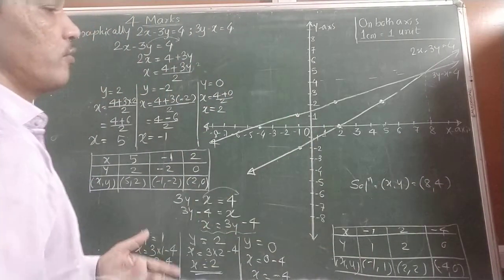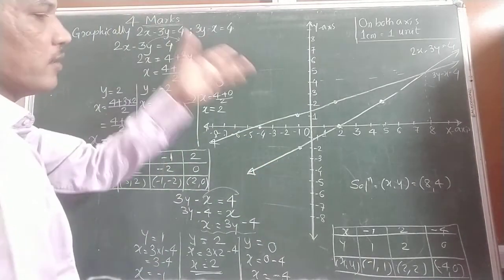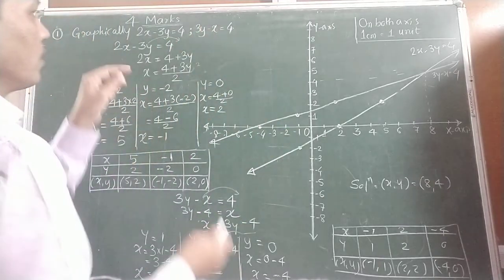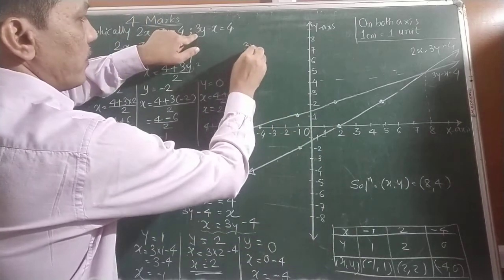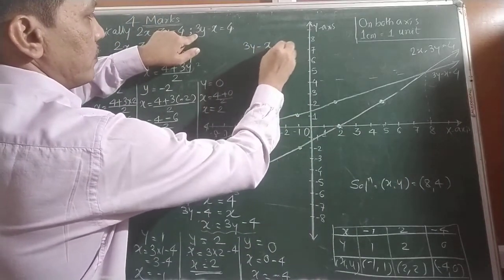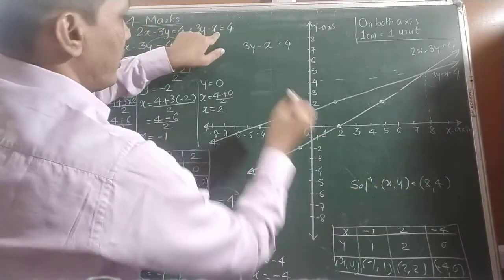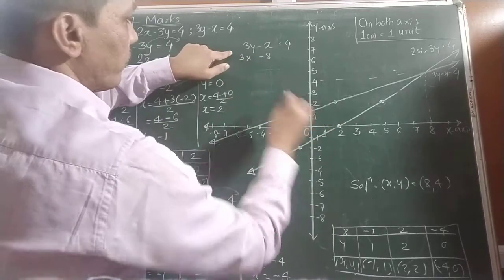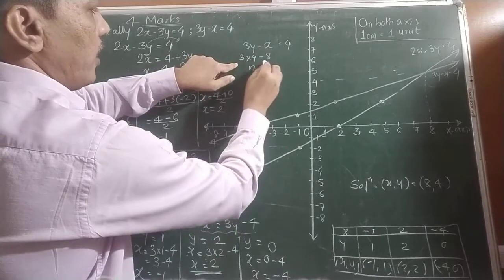How can I cross check whether my answer is right or wrong? I can put the value here and see whether, out of these two equations, any one equation, I can put in the second equation 8, 4. Now what is the second equation? This is the second equation. So 8, 4. What is x? 8. So x here, y 3, 4. 3 4s are 12. 12 minus 8.